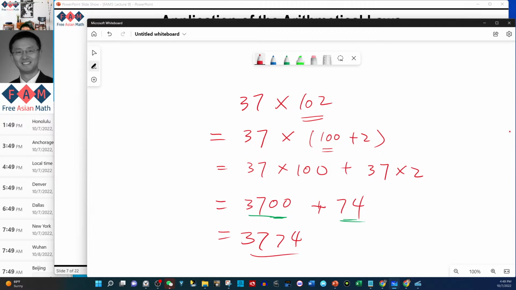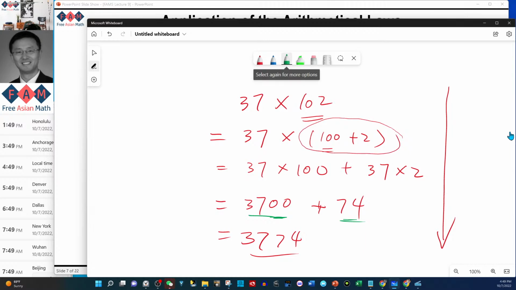Very fast. Actually, this whole thing can be properly performed within your mind, okay? So this is a direct application of distributive property right here. We break it down or rewrite 102 as 100 plus 2.